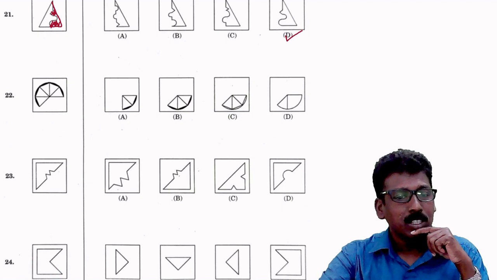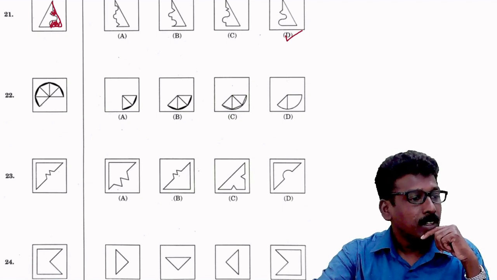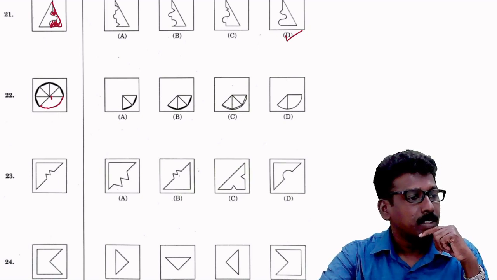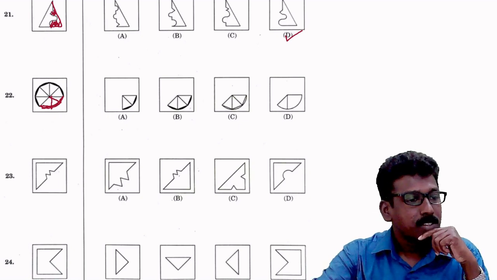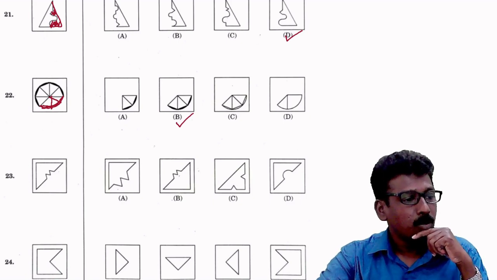You can see in question number 22, yes, join this one to a circle, then mark it, and you can see here some shading also there. So three parts and three shaded parts, that is B is the correct option.